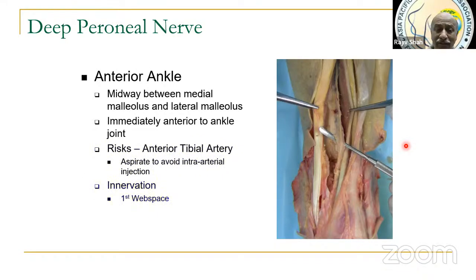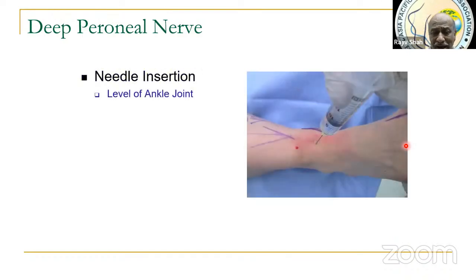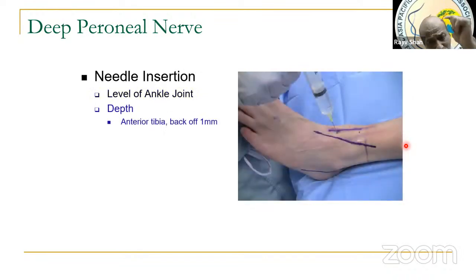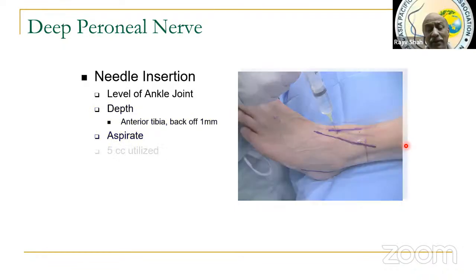Now, how do you inject for the deep peroneal nerve? For the deep peroneal nerve, your needle is inserted at the level of ankle joint. It is exactly in the center of the ankle joint, and you go right deep up to the anterior tibia. Once you hit the bone, you pull your needle 1 or 2 millimeter out, and then you aspirate, and then you inject.